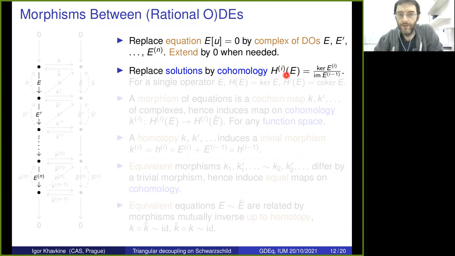But basically, the solutions of the original equation can be thought of as the cohomology in this slot where the original operator is applied. Also, if you consider cohomology in the target slot, in the target node of the complex, it corresponds to the cokernel of the original operator. Of course, this becomes more complicated if it's extended by non-zero Noether identities.